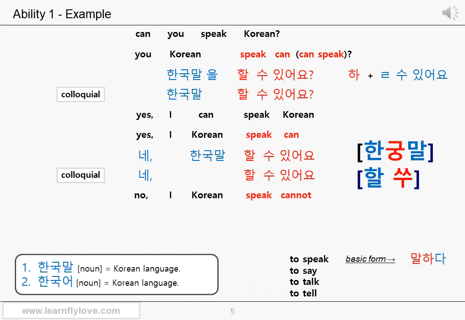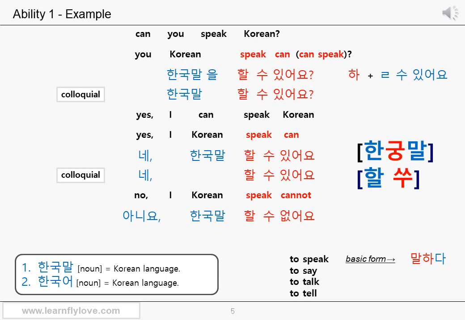Then how to say no, I cannot speak Korean. No, I, Korean, speak cannot. 아니요, 한국말, 할 수 없어요.